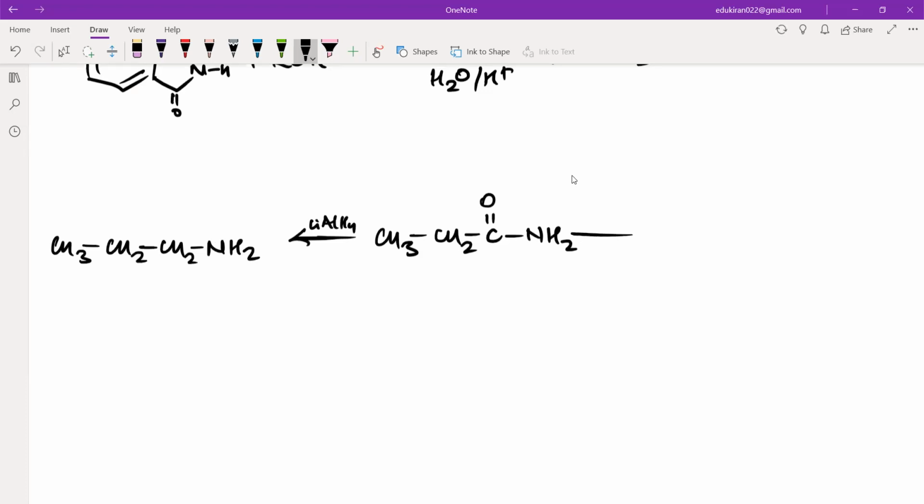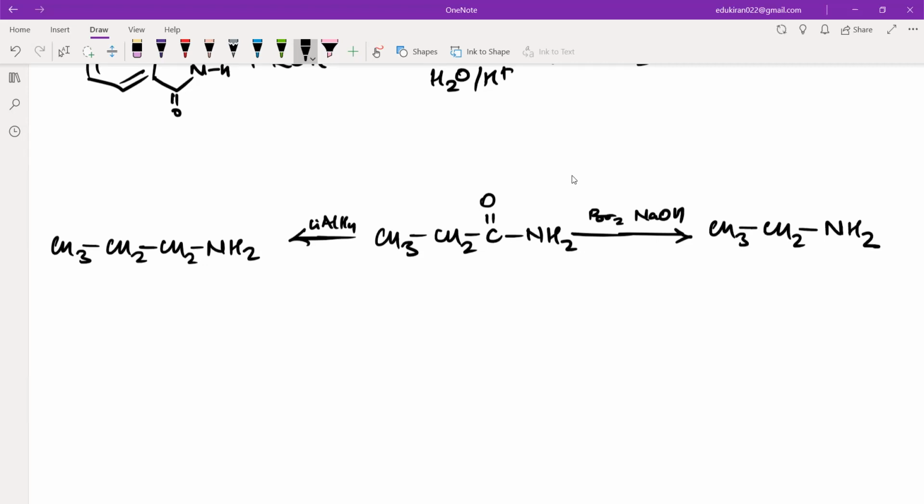But if I do Hofmann bromamide degradation, that means Br2 in the presence of NaOH, then the CO will be gone away, and you will be getting CH3CH2NH2.